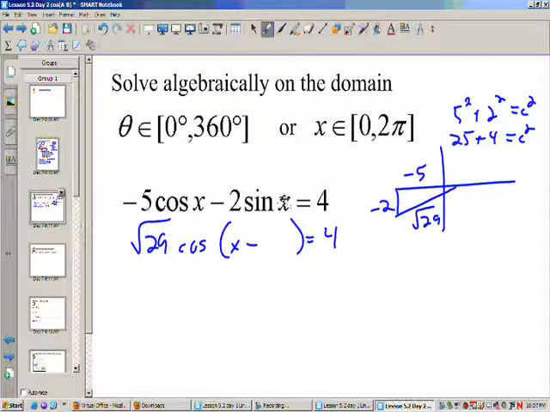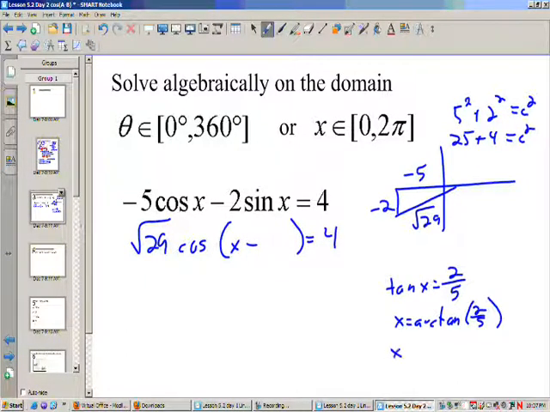Now, since it's x, we're going to have this in radian mode. And I'm going to look for, we know tangent of x, it's going to be opposite over adjacent, which is 2 over 5. So I take the arctan, which is inverse tan plus pi n.